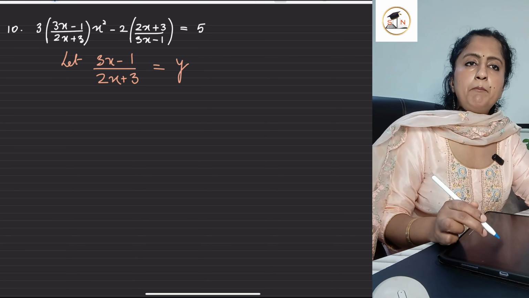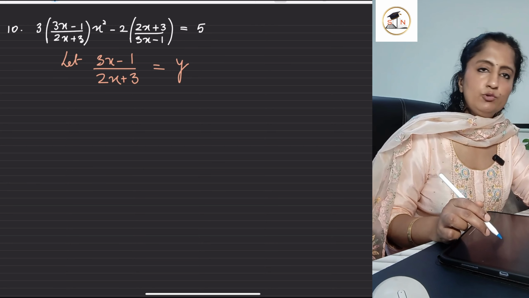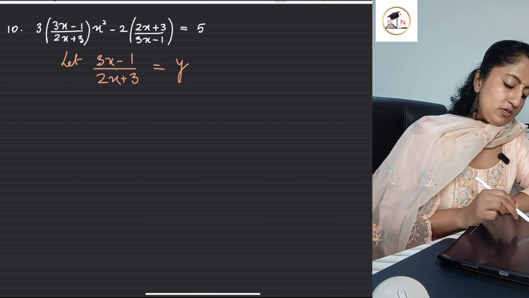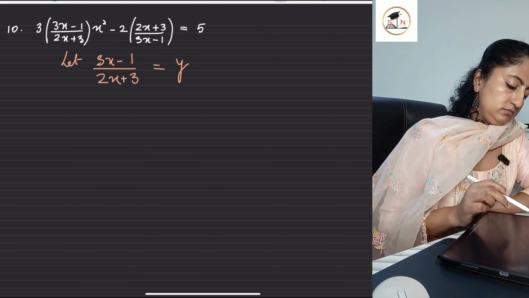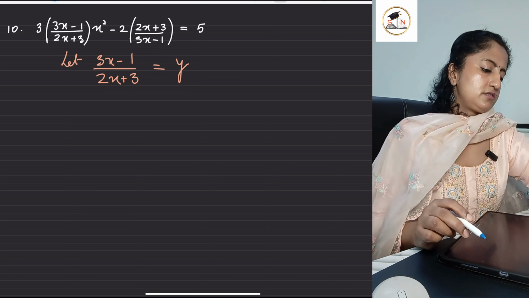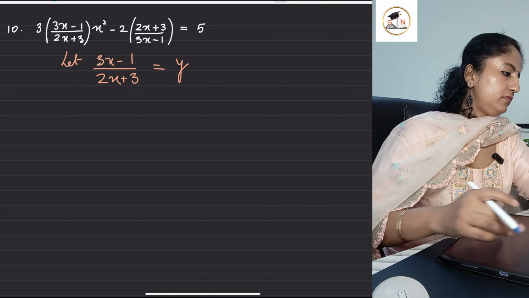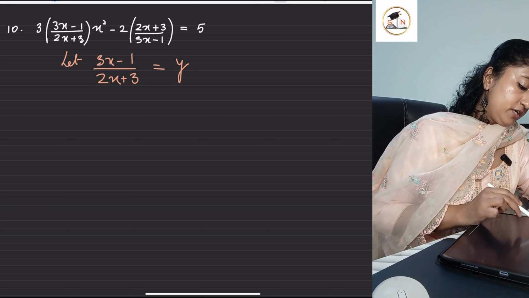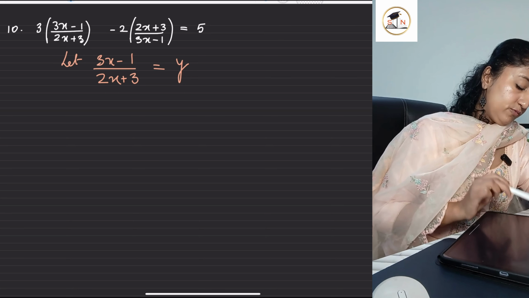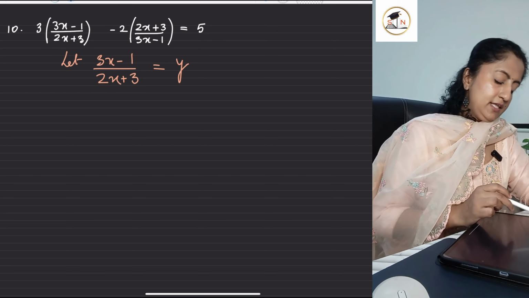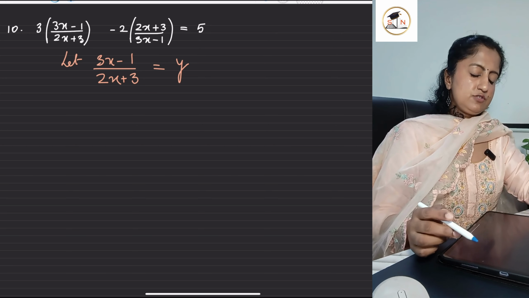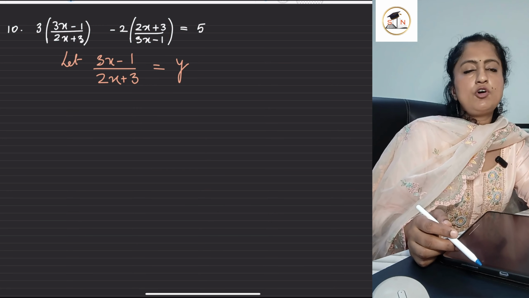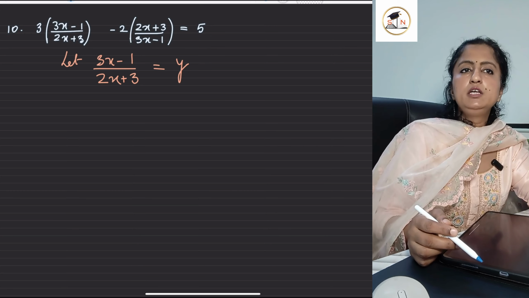You can take k, p, whichever variable you want, except x. Okay, my bad. It shouldn't be x square over here. That was the only mistake. Right. I was saying that we can take 3x minus 1 over 2x plus 3 equal to y or any other variable, just not x because it is already being used.